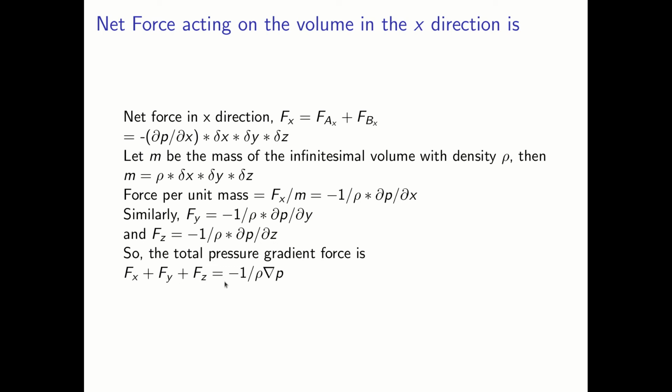So this is a vector sum, and which will be the sum of these three in the corresponding directions as minus 1 by rho gradient of P. So gradient of P is the vector del by del x i plus del by del y j plus del by del z k. That is a vector here. So this is our final force due to pressure gradient term.